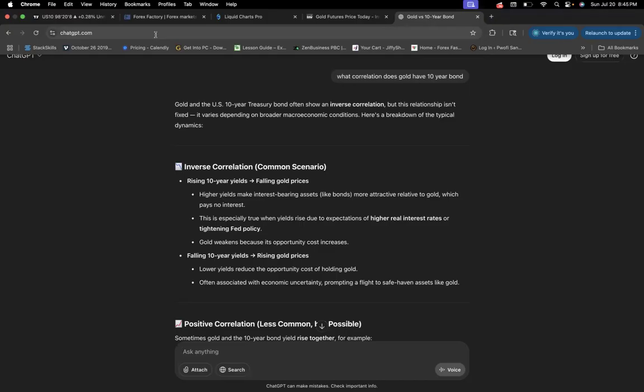So if interest rates are rising, you're going to see a lot of money move from gold to the bonds, because now bonds are going to pay investors more.